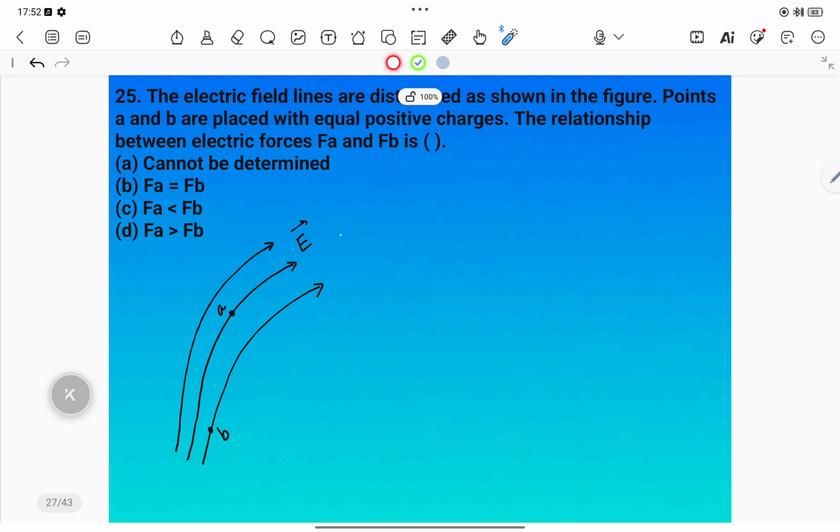Question number 25. The electric field lines are distributed as shown in the figure. Points A and B are placed with equal positive charges. The relationship between electric field FA and FB.